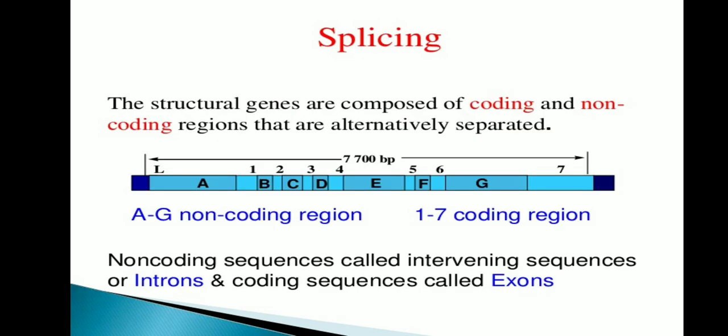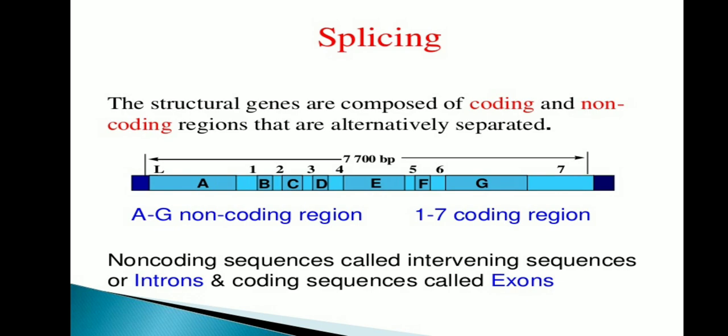Most of the eukaryotic genes, compared to the typical prokaryotic genes, are interrupted by non-coding DNA, right? During the transcription, the RNA polymerase transcribes the entire gene without distinguishing between the coding and non-coding regions. The coding regions are referred to as exons, while non-coding regions are called introns, right?